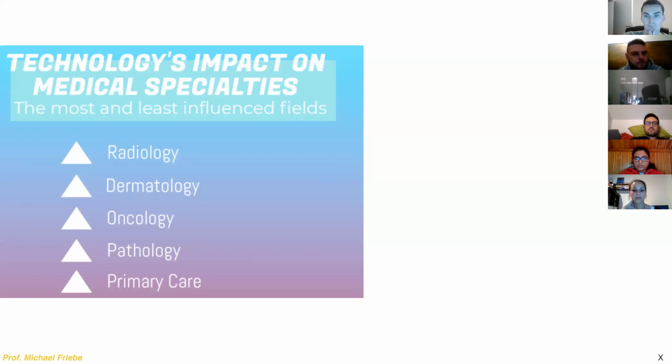Now AI, this is where the impact of AI could be very high. If you look at them carefully, they all have something to do with radiology, with images. Radiology uses images. Dermatology uses pictures of the skin. They look at that and they analyze.